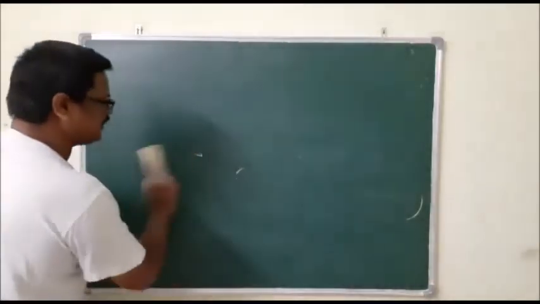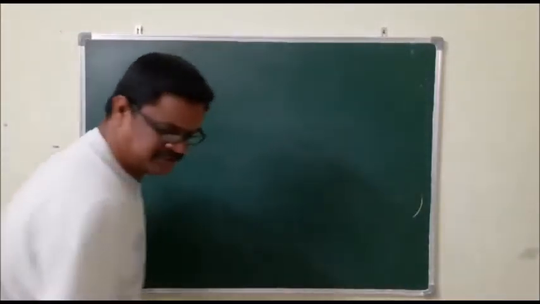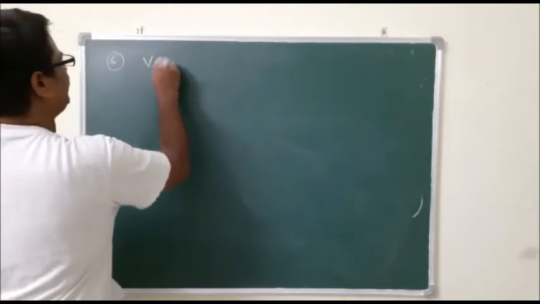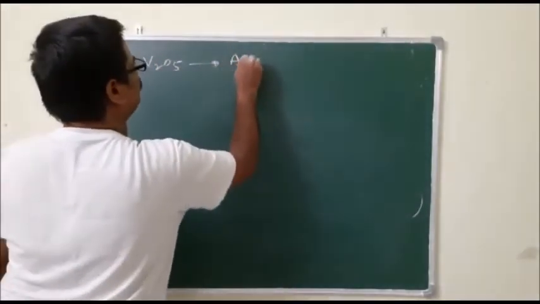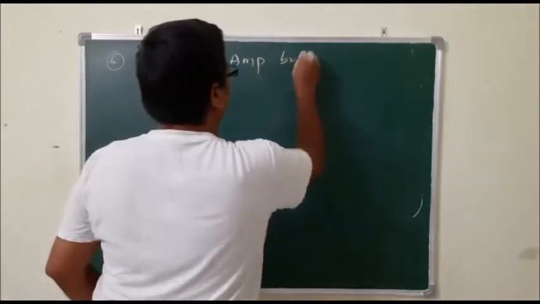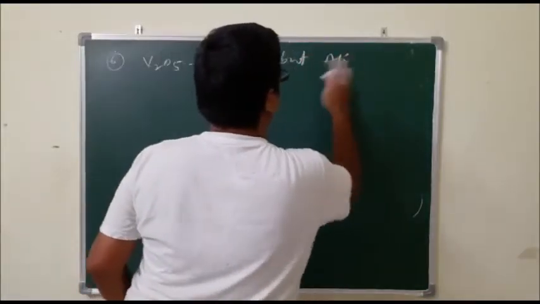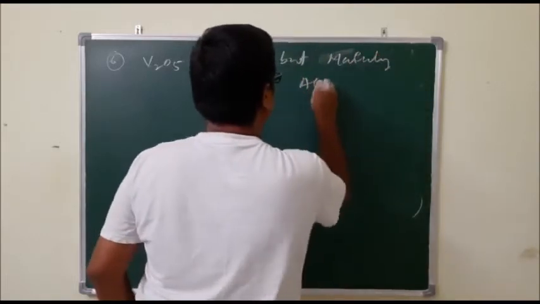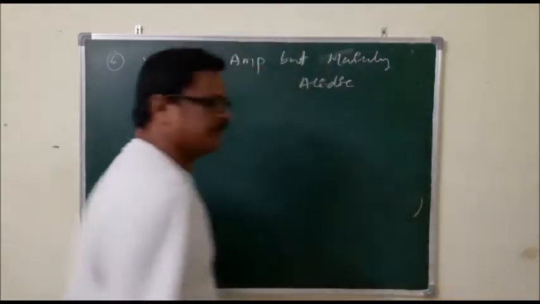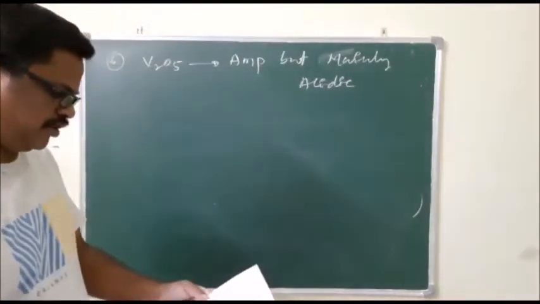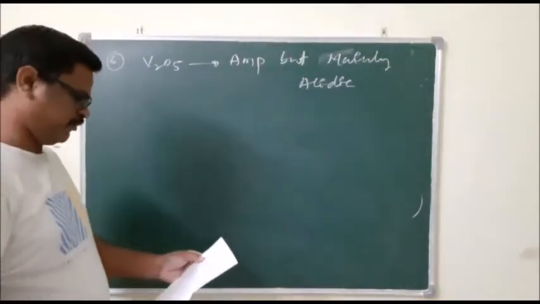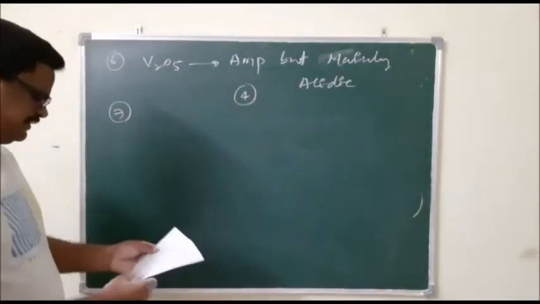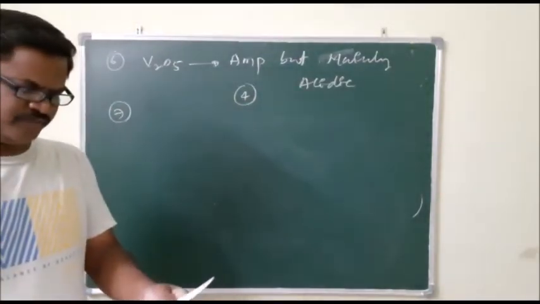It has to show equal acidic and basic properties, but V2O5 is amphoteric yet mainly acidic. So option 4 is correct.